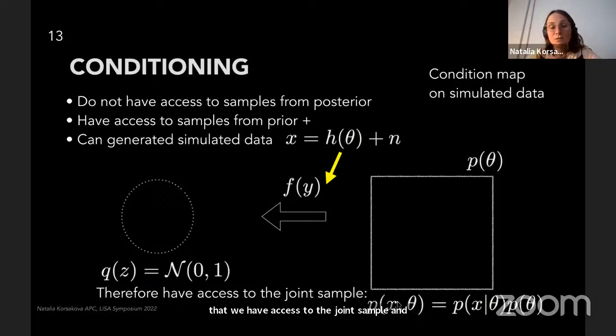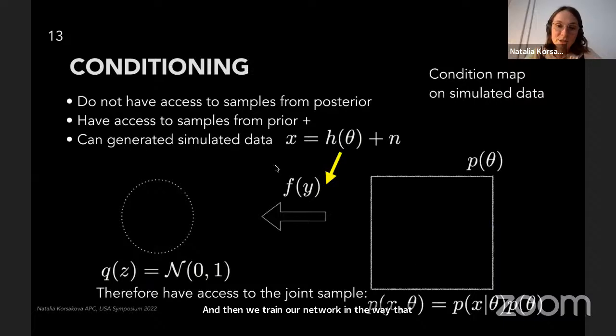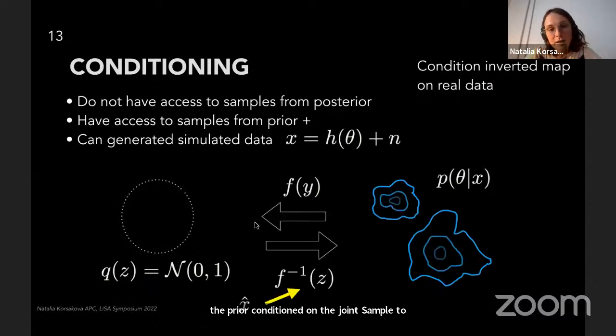Therefore, we can condition our transform on this joint sample. Then we train our network in a way that we go from the prior, conditioned on the joint sample, to the normal distribution. And when we want to sample and actually get our posterior distribution, we condition our samples from the normal distribution on the real data.